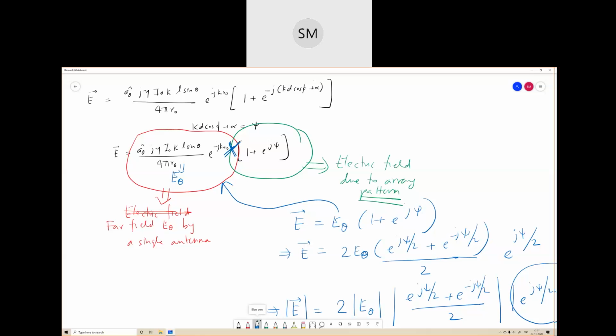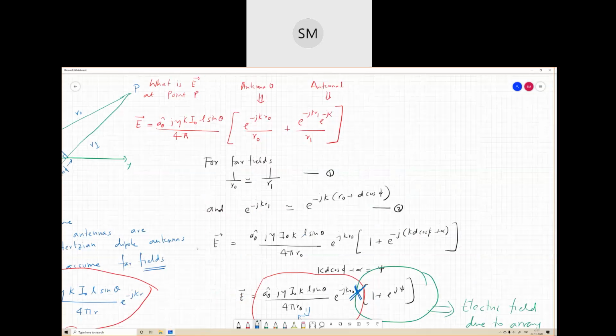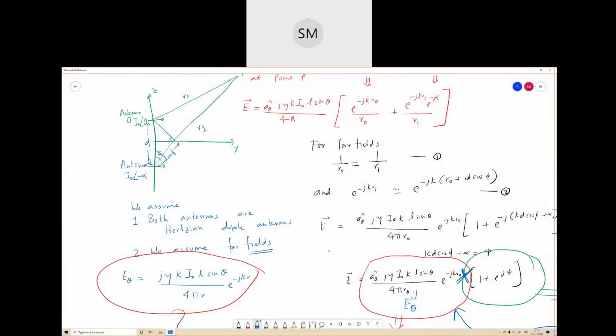One thing I would like to say here in this derivation, which is given in Balanis: it would have been better if we had used theta, because we are doing the entire analysis on the theta plane. But since you have done everything with phi, I did it using phi here.